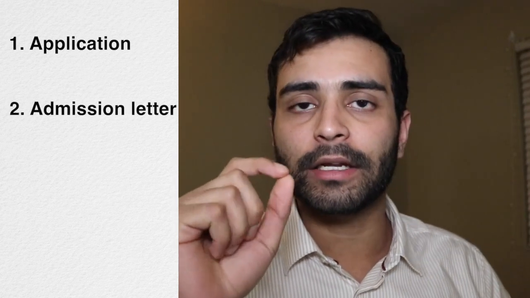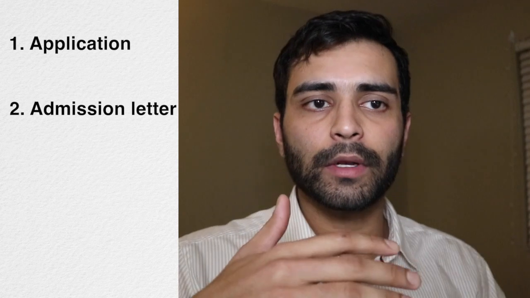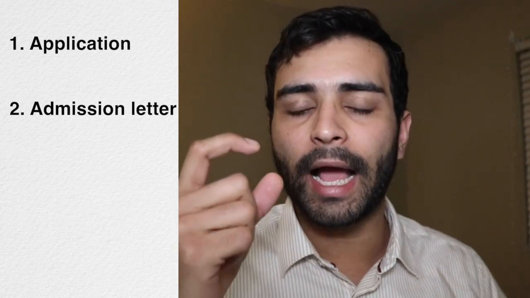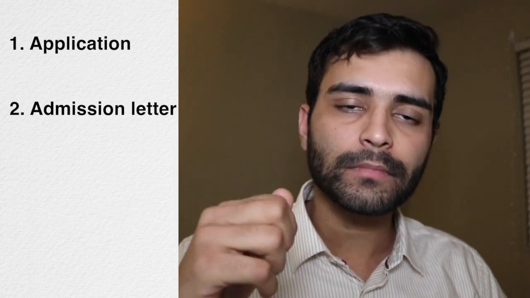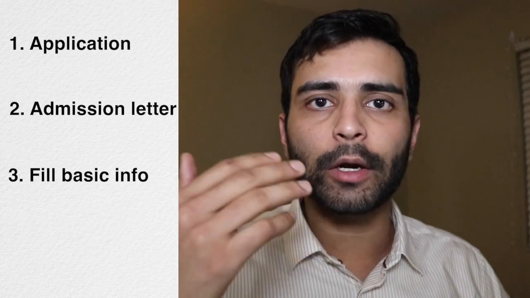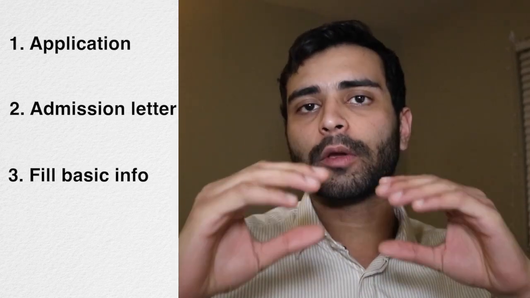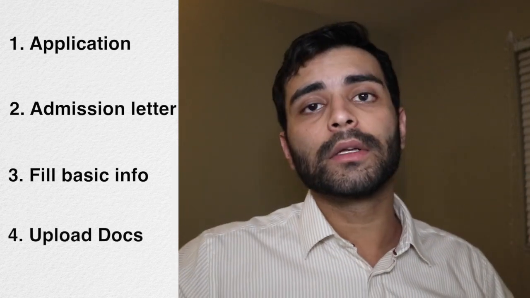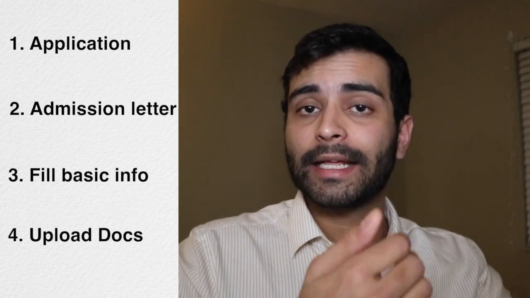In that admission letter, you will be given information about portals. These portals will be logged in with your credentials. They'll give you credentials as well. You'll have your ID number and you can set a password after that. You go to the portal, you fill out basic information, and then there's a section of financial documents. In that section, you'll have to upload some financial documents, which is a mandatory thing when you are getting your I-20.